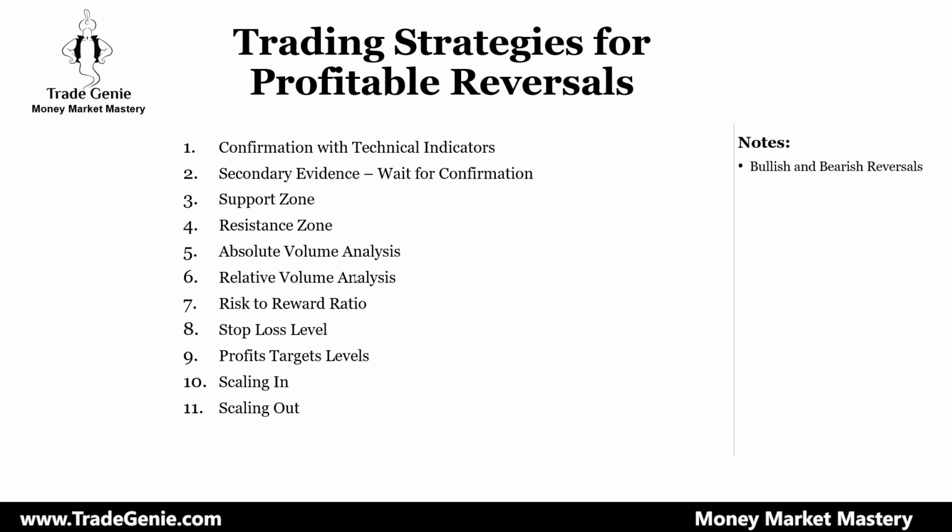Volume: you inject volume analysis, you analyze with the support and resistance zone, and then you set your stop loss and profit targets, and then you set your trading management of scaling in and scaling out. So scaling in, scaling out, setting your stop loss and profit target, injecting the volume analysis, absolute volume, relative volume, and analyzing the proper support and resistance zone.